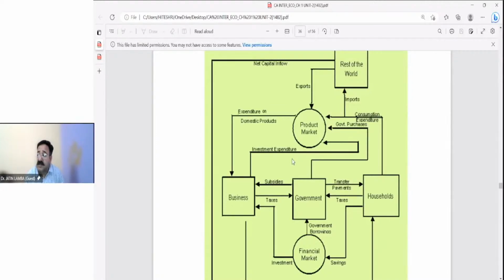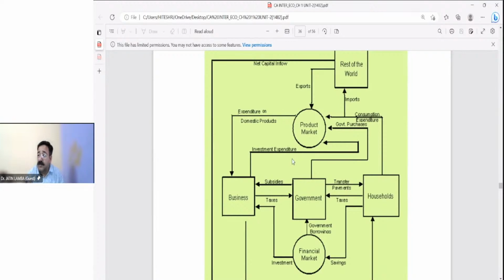Whenever these companies come to our country and set up their business, they invest here. So they bring the capital with them. That capital which they bring is capital inflow. And similarly, some Indian companies, some domestic companies, will go to other countries outside the country and set up their business. That will be the capital outflow.